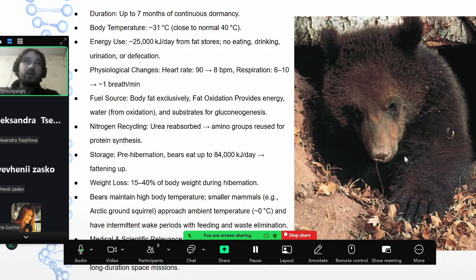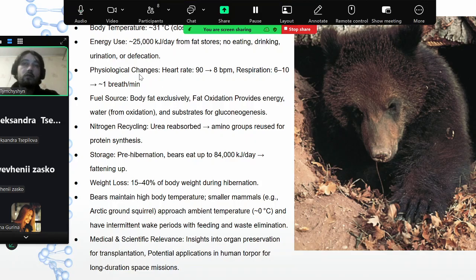So you know that bears can hibernate for a pretty long time, up to 7 months of continuous dormancy. Their body temperature is approximately 31 degrees C during this time, so that's pretty close to normal. And they use from their fat stores something like 25,000 kilojoule per day, and they are not eating anything, drinking, or so on.